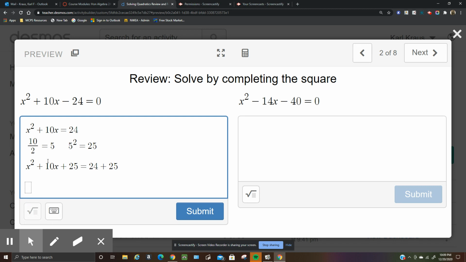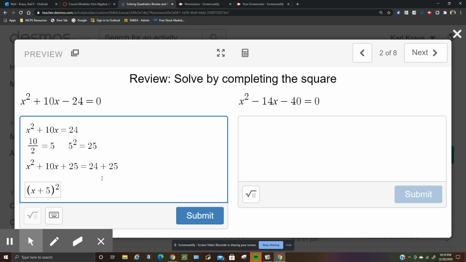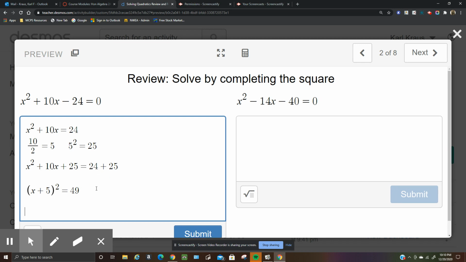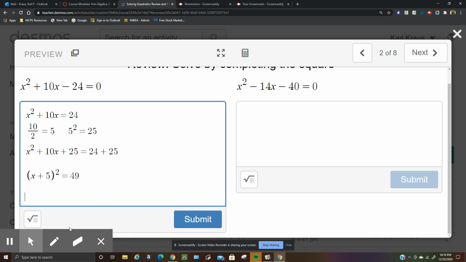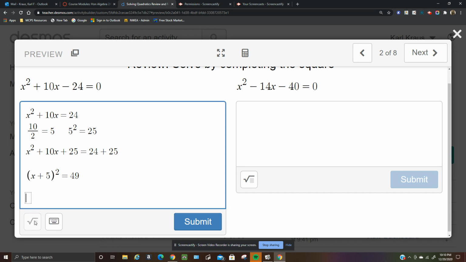And then factor the left here. X plus 5 squared equals 49. Square root of both sides. So I'm going to separate this into two parts here.